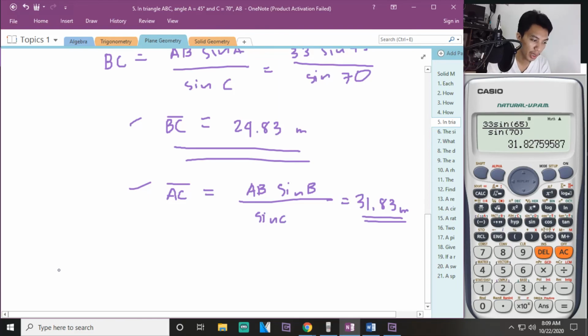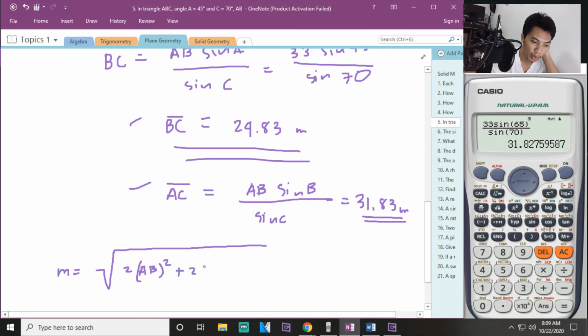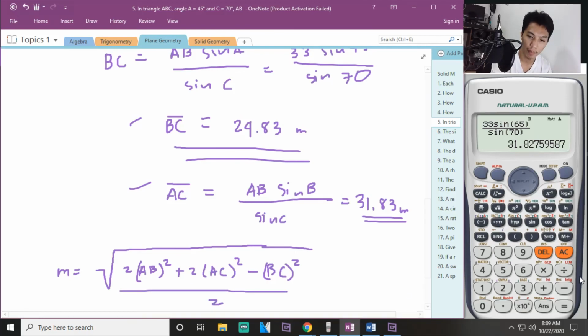Gamitin na natin yung median formula. Huwag na tayo mag-cosine law. Okay? Square root ng twice AB, yung BC kasi tinamaan. So, ang gagamitin natin AB squared plus 2 AC squared minus BC squared over 2. Yan.